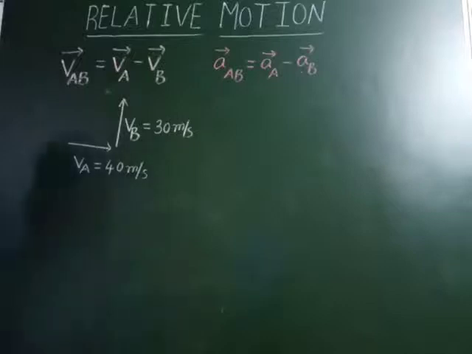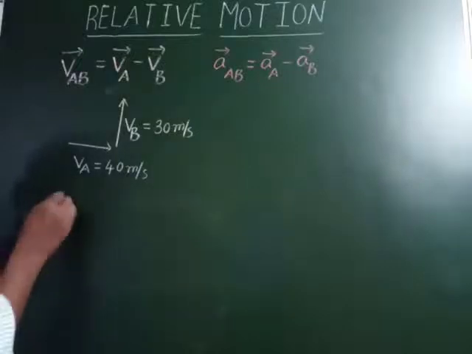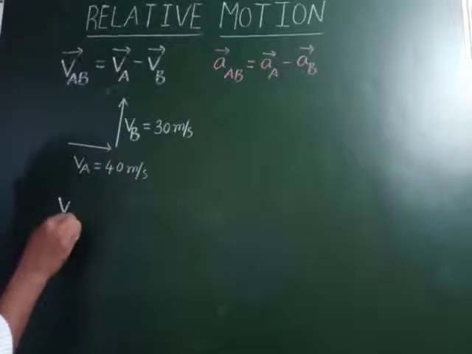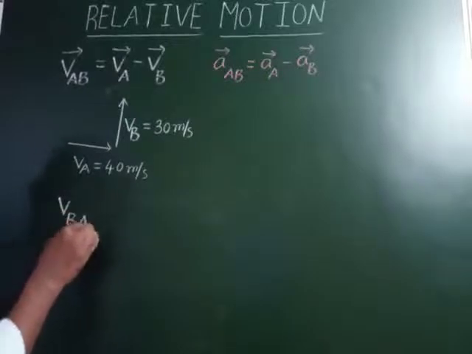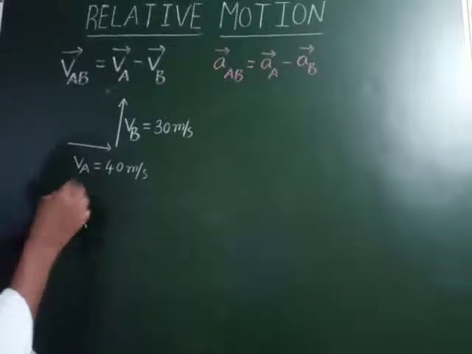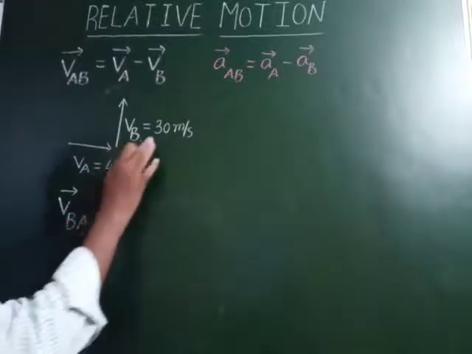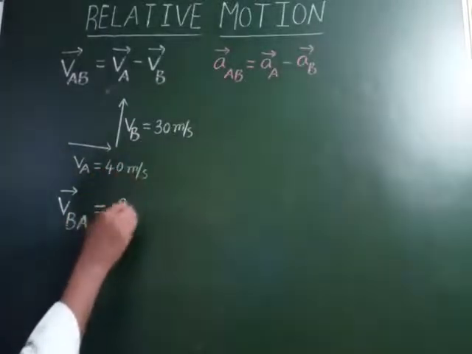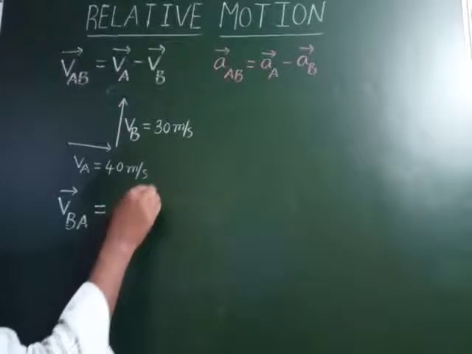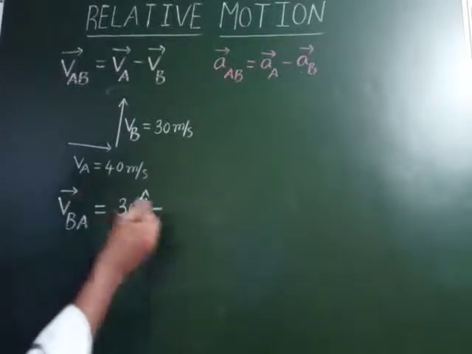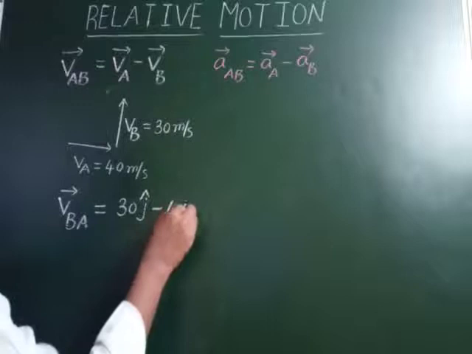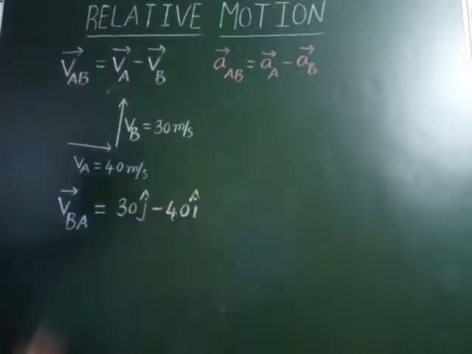We find the velocity of B with respect to A. Velocity of B with respect to A is equal to velocity of B minus velocity of A. Velocity of B is 30 meter per second, so 30 j cap, minus velocity of A, which is 40 i cap, so minus 40 i cap we can write.